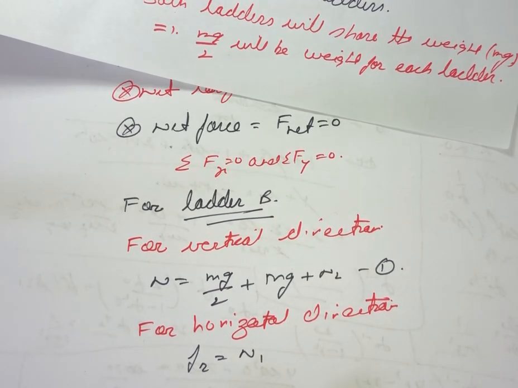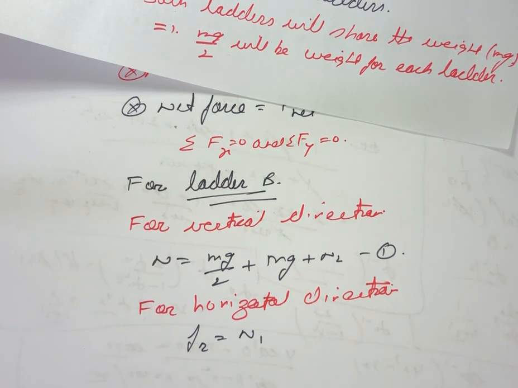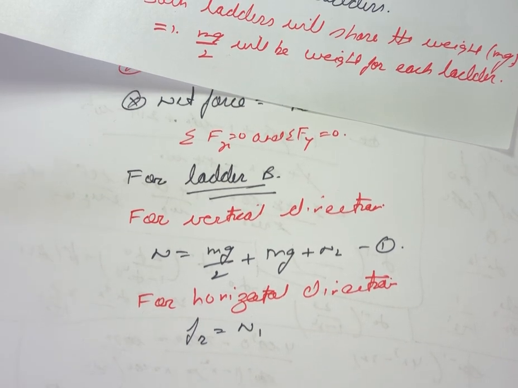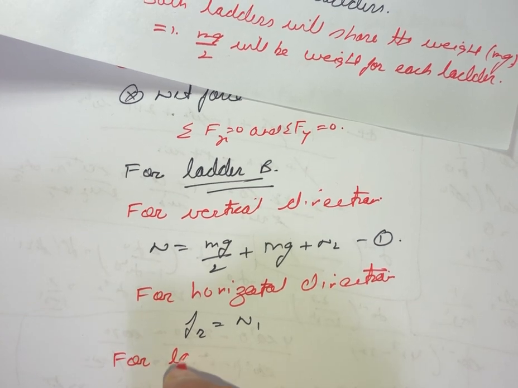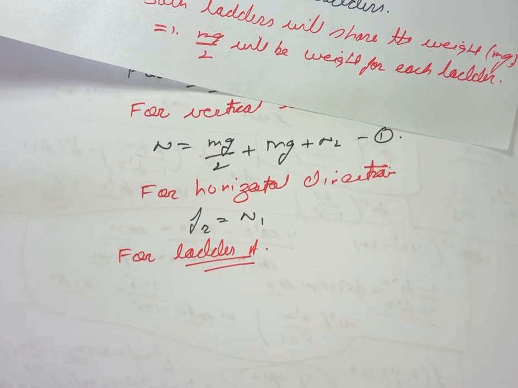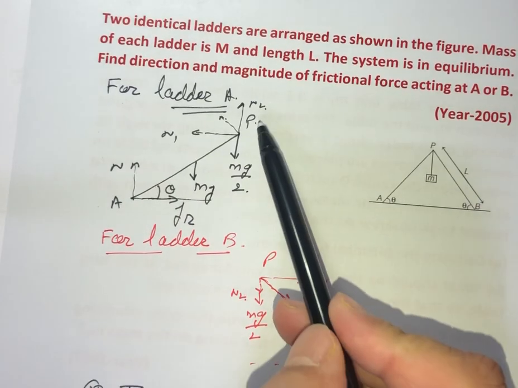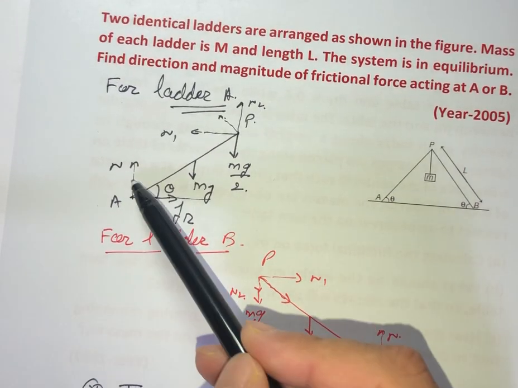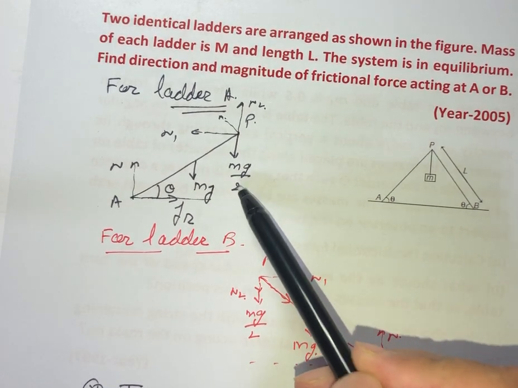Now next we are going to consider ladder A. Similarly, we can write the equation. In this case, in the upward direction there are two forces, N and N2, and in the downward direction we have mg and mg by 2.